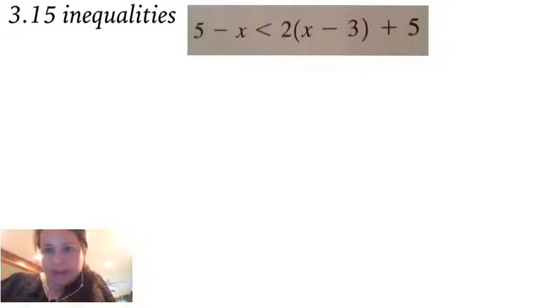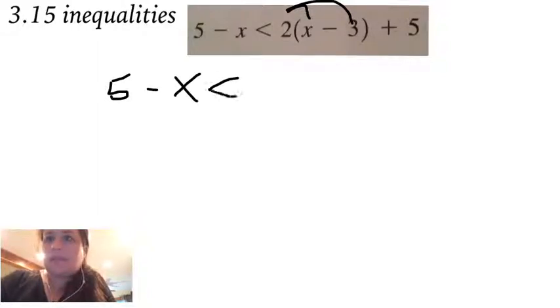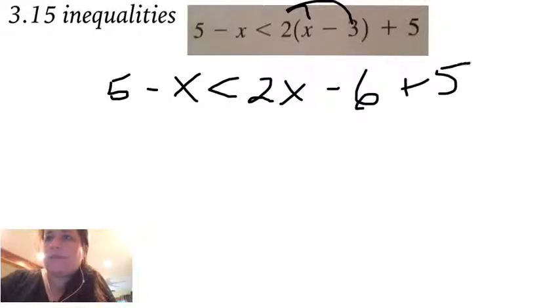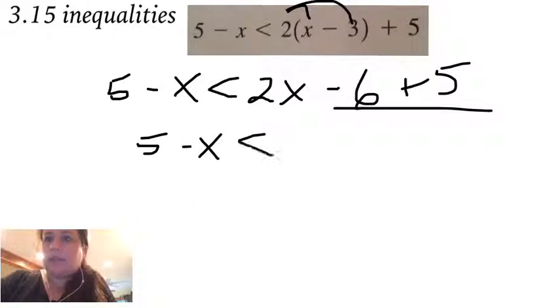Okay, so you're back. The first thing I'm going to have you do is get rid of the parentheses by distributing the 2. So I have 5 minus x is less than 2x minus 6 plus 5. I'm going to take these 2 terms and put them together because they're like terms.